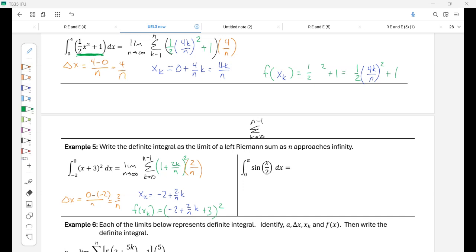It's pi minus 0 over n. So you start with the upper limit and subtract the lower limit.